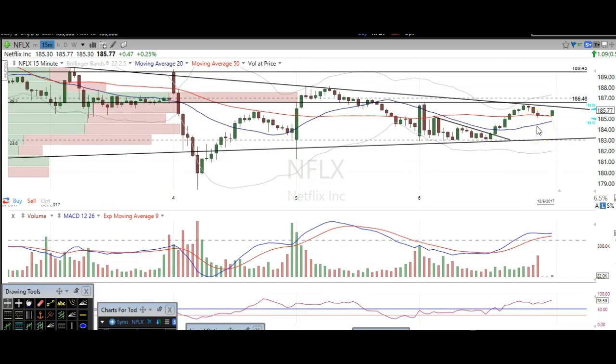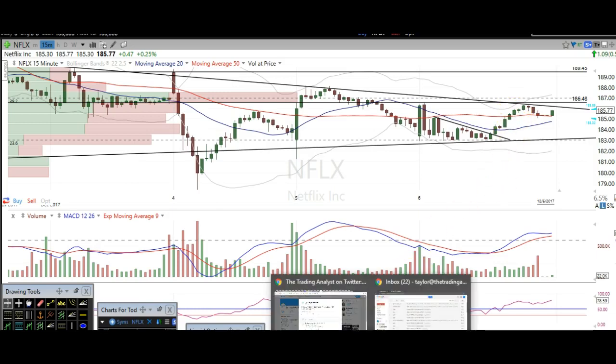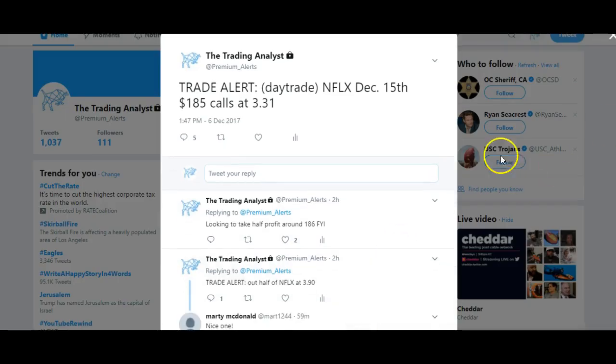We ended up taking partial profits, half profits, right here on this candle, and I'll show you that alert right here. See, I posted in here the trade update. We're looking to take profit around 186 on Netflix, and then I did that sell alert here, out half of the contracts at 3.90. So that was a nice little win for us there.